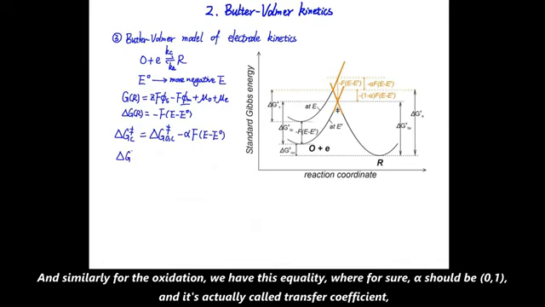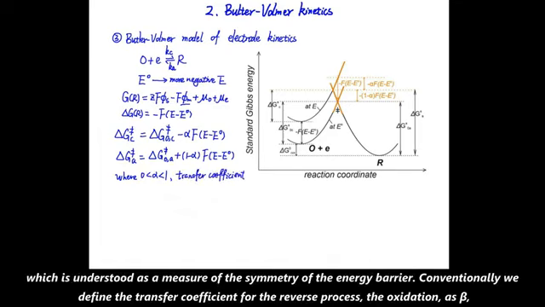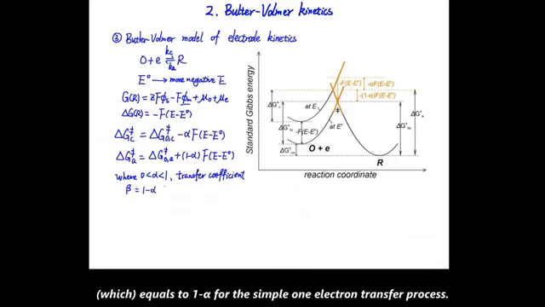And similarly for the oxidation, we have this equality, where alpha should be bigger than 0 and smaller than 1, and is actually called the transfer coefficient, which is understood as a measure of symmetry of the energy barrier. Conventionally, we define the transfer coefficient for the reverse process, the oxidation, as beta equals 1 minus alpha for the simple one-electron transfer process.